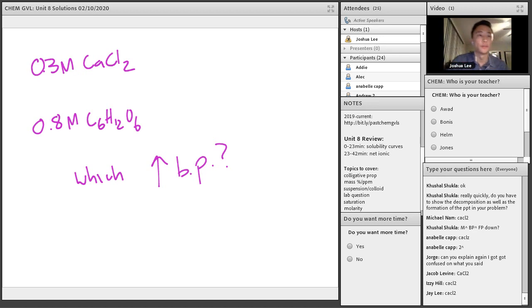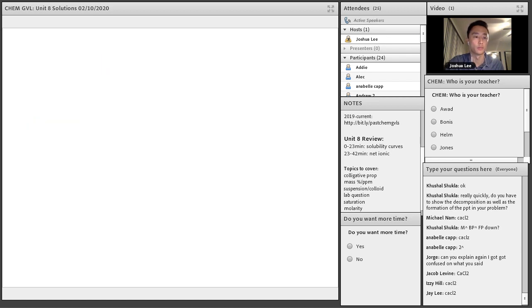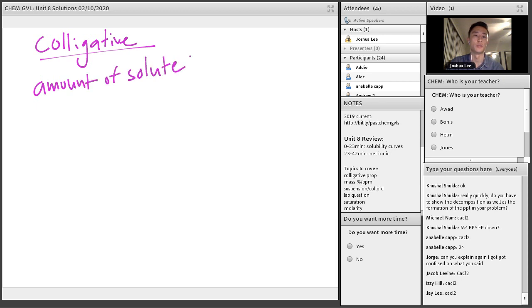All right, we'll talk because we didn't really talk about that. I just kind of threw you into this problem. So colligative properties. So we'll come back to this one. Colligative properties. Remember, for this one, we only care about the amount of solute in the solution.